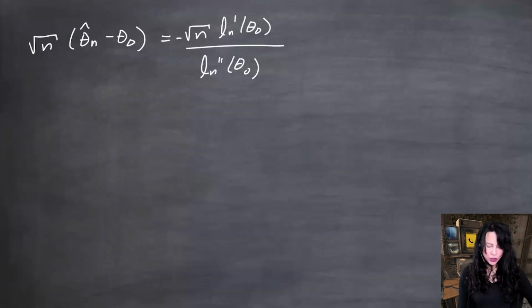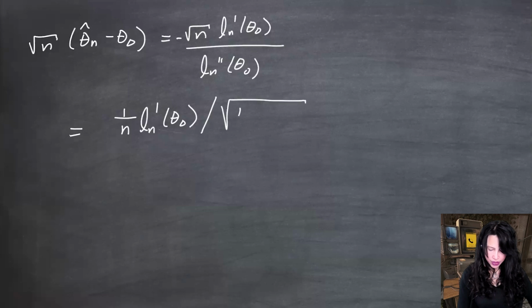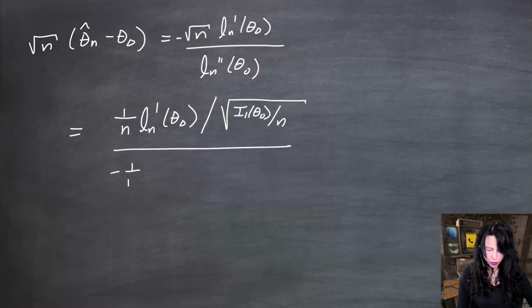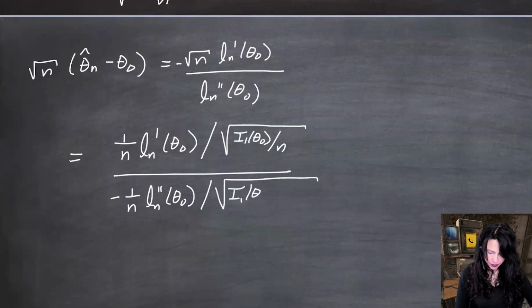So this is equal to 1 over n times the derivative of the log likelihood at theta naught, divided by the square root of the one-dimensional Fisher information at theta naught divided by n, over negative 1 over n times the log likelihood second derivative, divided by, so I'm trying to make this equal to the line above, the square root of I1 theta naught over n.